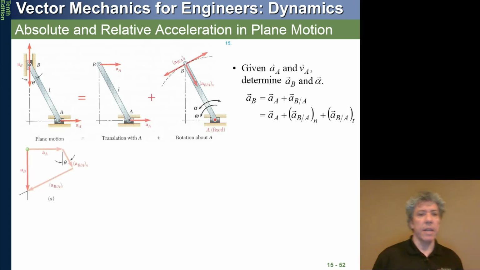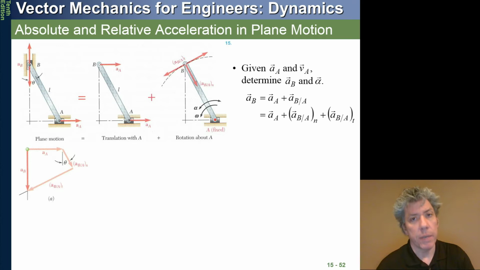So let's take the case where the acceleration of point A is to the right. If A is accelerating to the right, well then the normal acceleration always points, now this is the relative normal acceleration, right? Because it's the acceleration of B with respect to A in the normal direction. That vector has to always point along a line from the point we're asking about, B, back to the reference, which is A. Because again, remember that we're thinking of this as simply a translation plus a rotation.